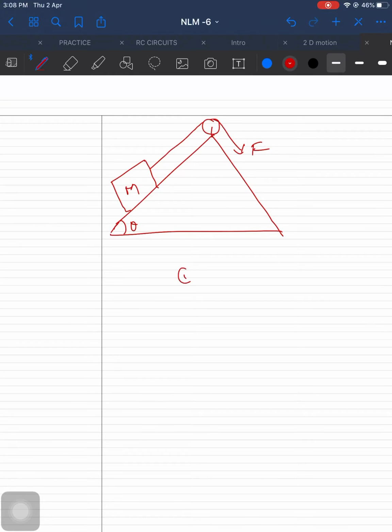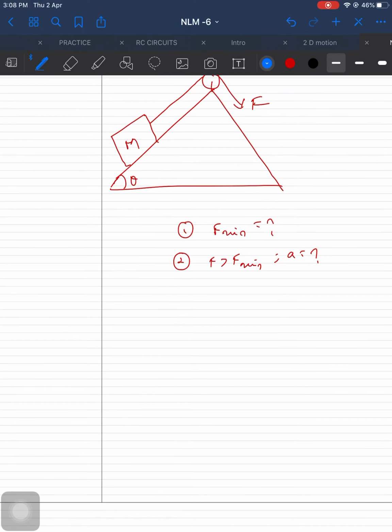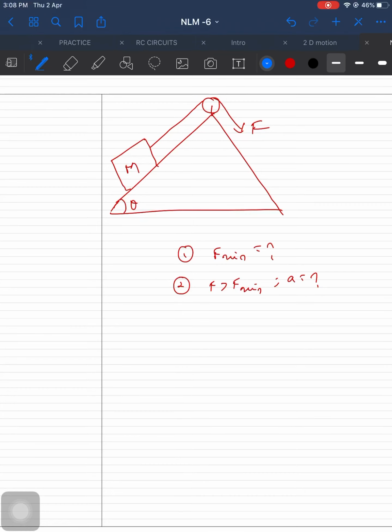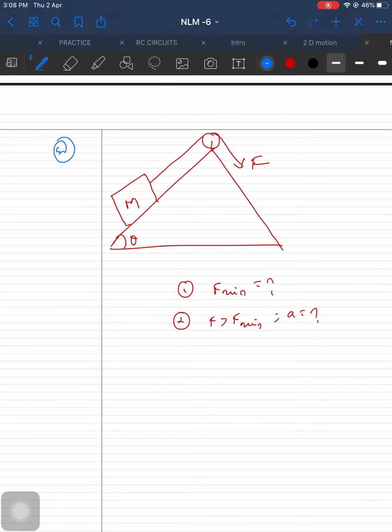What is the minimum force? If the applied force is greater than the minimum force, then what is the acceleration? If you draw a free body diagram, this question can be directly answered.